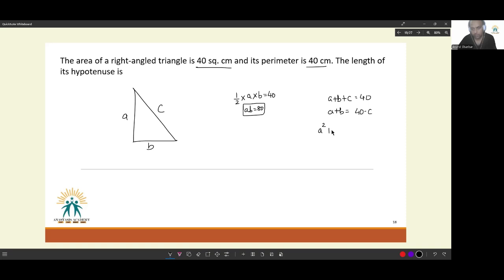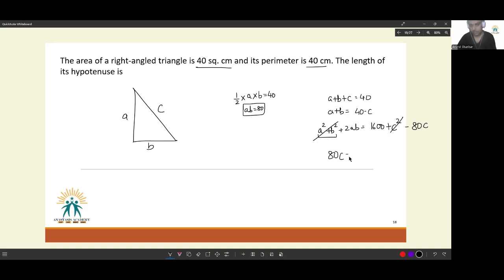We'll get A square plus B square plus 2AB is equal to 1600 plus C square minus 80C. Now A square plus B square for a right angle triangle is equal to C square. So I can cancel this and this straight away. 2AB will be equal to 160. 80C comes over here.